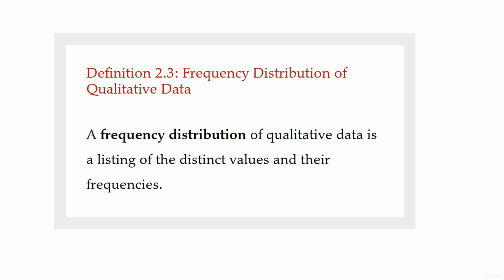You probably have done this when you've played games in the past where you're tallying up your score. This is the number of times a particular distinct value occurs, and it's called its frequency or its count. So, a frequency distribution of qualitative data is a listing of the distinct values and their frequency.